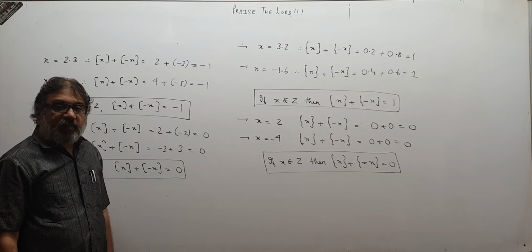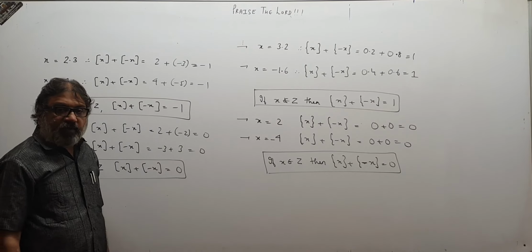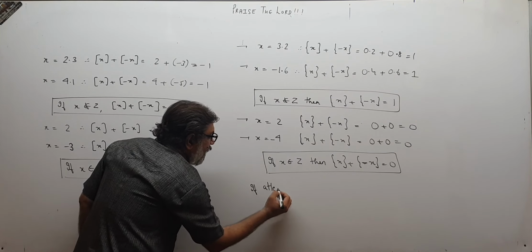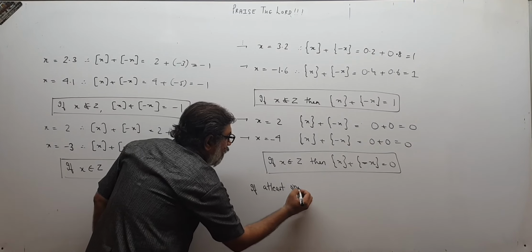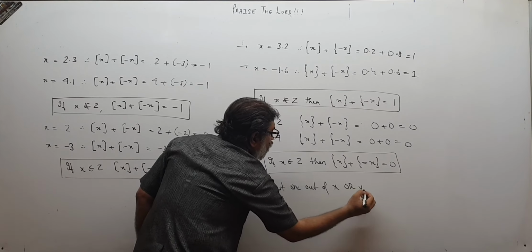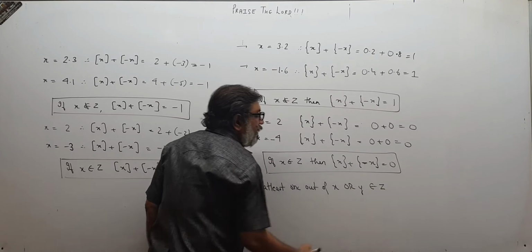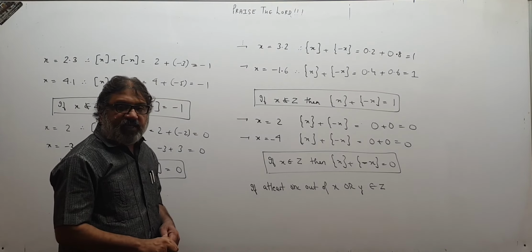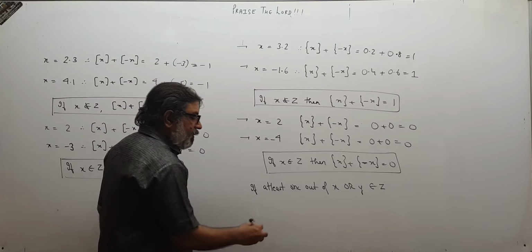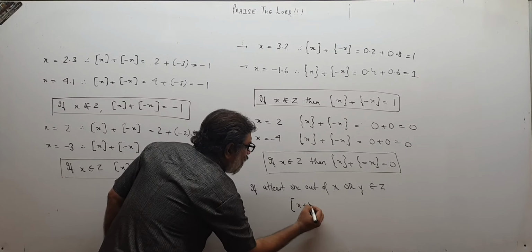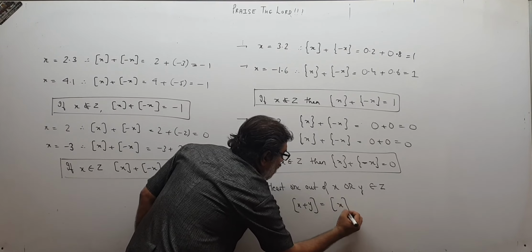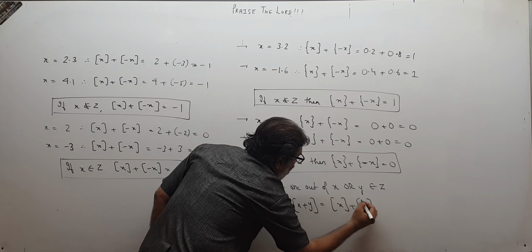And last property, children, please remember I am telling you and we close the topic. If at least one out of x or y belongs to Z, two numbers are there, x and y. If at least one is an integer, then integer of x plus y can be written as integer of x plus integer of y.